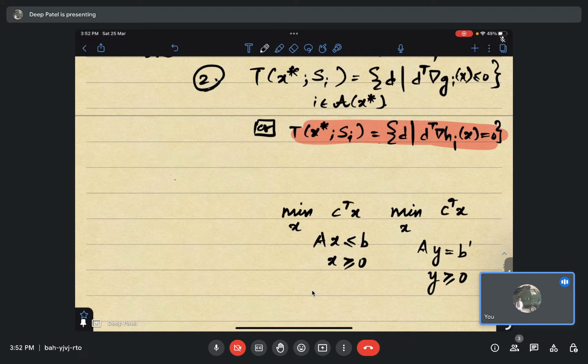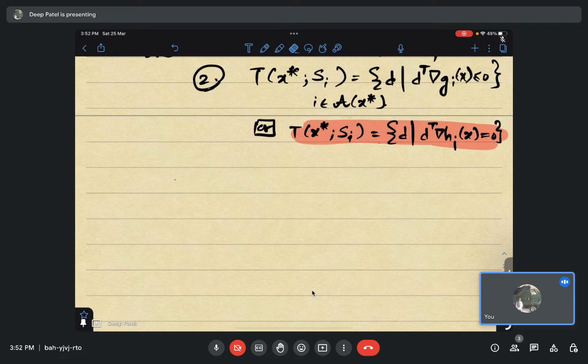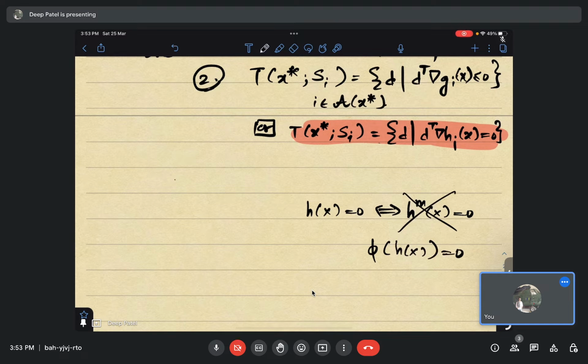The only thing that comes to my head really is the following. I was giving this example of h of x is 0 if and only if h to the power m is equal to 0. In general, I could just use some bijective mapping.